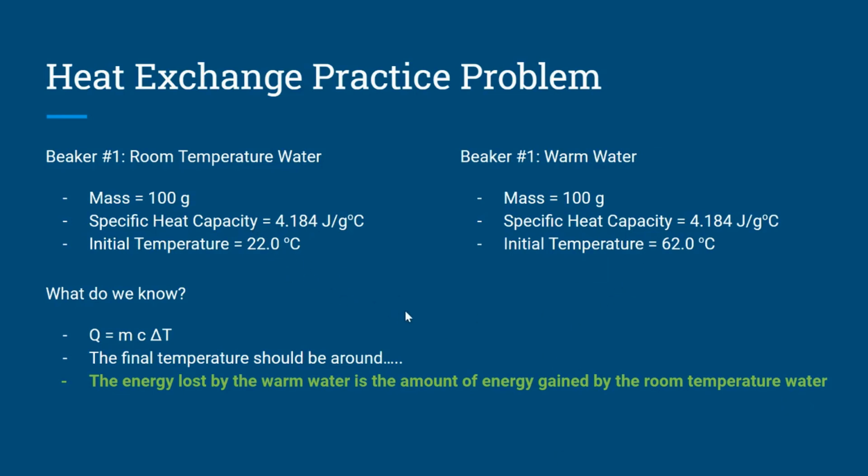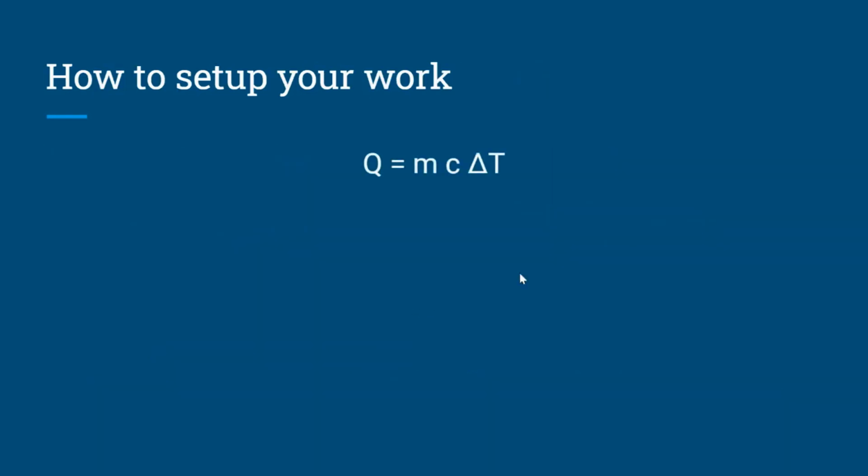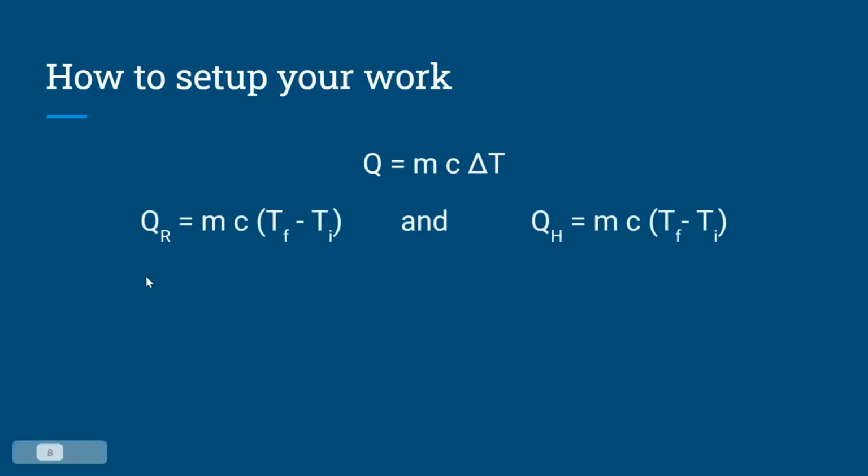So if we need to figure out the final temperature, how do we set that up? Here's how we do it. We know that Q equals mc delta T. Q equals the mass times specific heat times the change in temperature. And since we know that the Q of the room temperature water, or the 22 degrees, is Q equals mc times delta T, final temperature minus initial temperature, and then Q of the hot water equals mc times the final temperature minus the initial temperature. And we know that Q of endo equals negative Q of exo. We can set them up equal to one another.